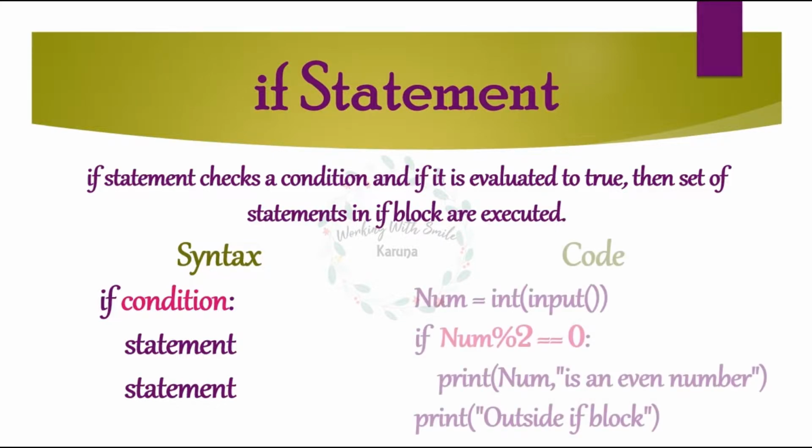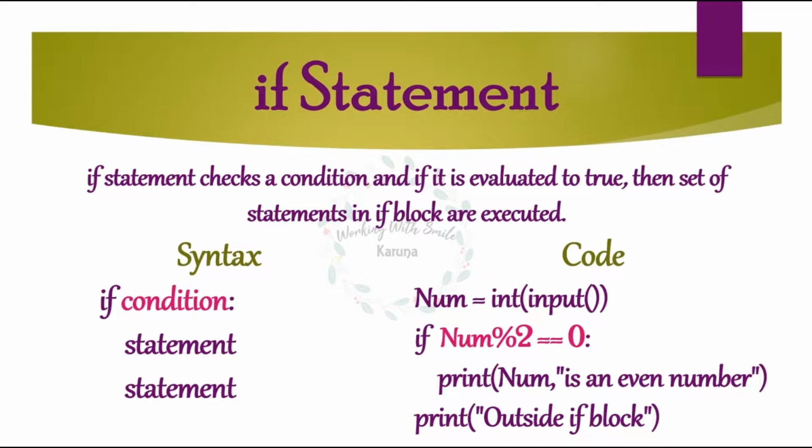Let's see an example of if statement. This code checks the value for an even number. The variable num gets the value from the user during runtime, and then I divide the variable num by 2. If a number is completely divisible by 2, then it will give the remainder as a 0.